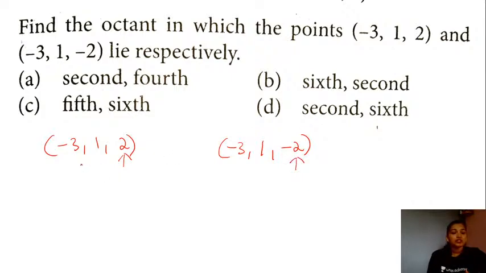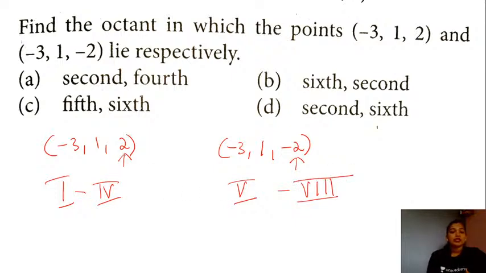Based on this, you can quickly make a guess: when you have the positive z coordinate, this point in the space will lie between the first and the fourth octant. Whenever you have a negative value in the z coordinate, this point in three-dimensional space will lie between the 5th and the 8th octant.